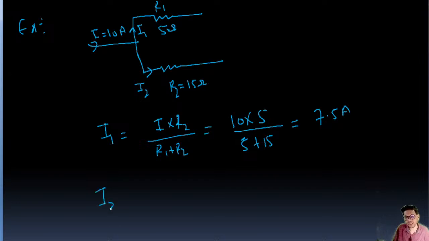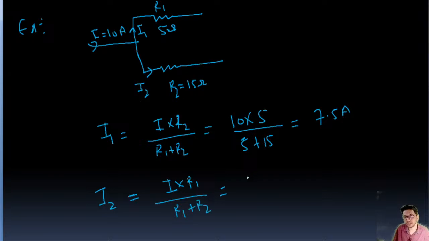Similarly, we'll find I2. I2 is going to be I into R1 upon R1 plus R2.